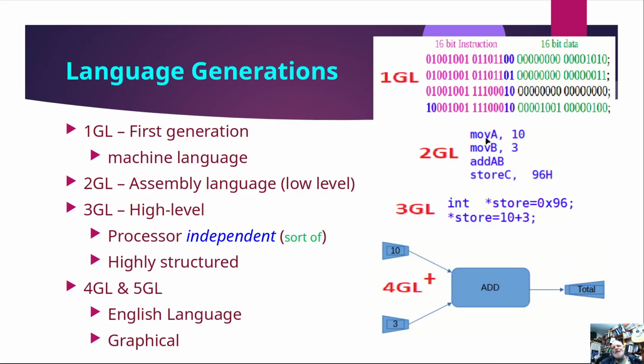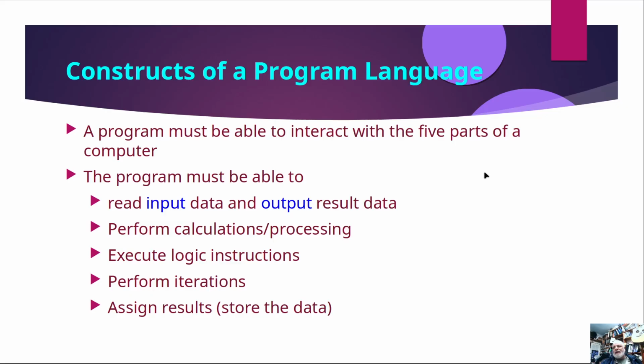So with assembly language, they created codes that said: we're going to move into A the value 10, move into B the value 3, then add them, then move that result into a memory location. So this is what they called assembly language.